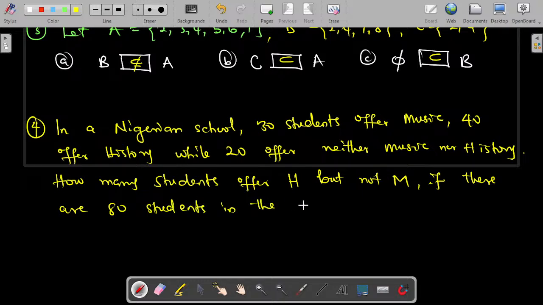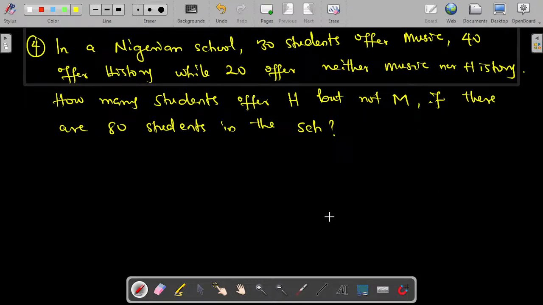This is the question we are expected to answer. So there is a school that contains a total of 80 students. That means the cardinality of your universal set is 80. That's the total number of students in the school.